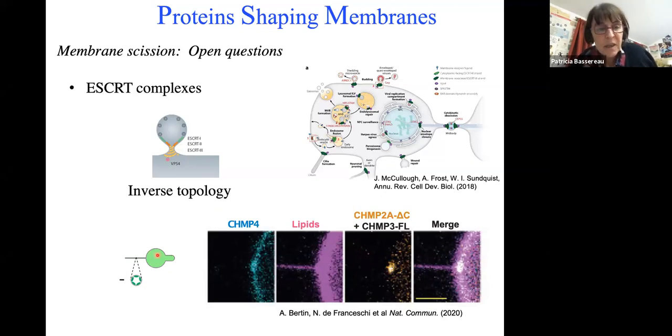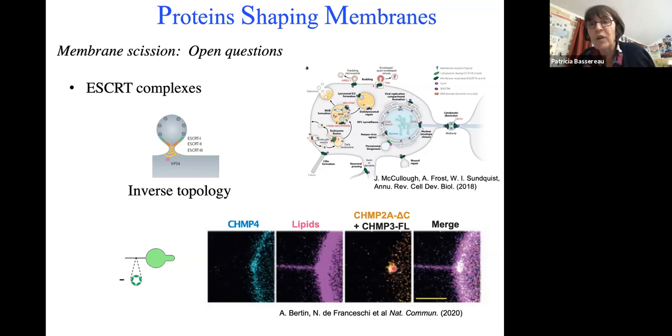So this would be a scheme here. The proteins are here. And what we have been able to show is that if we pull a tube, these two components of the complex, which are labeled, are able to assemble only at the neck of the tube. Not in the tube, not inside the tube, but only at the neck.